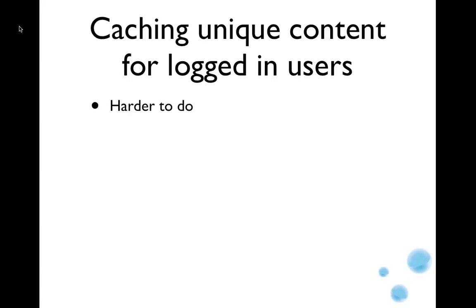There are a few problems with doing this. One is obviously that it will require a lot of memory, because say you have 100 different assets and you have 1,000 different users, then you suddenly need to cache 100,000 different pages. So the memory consumption could potentially explode.